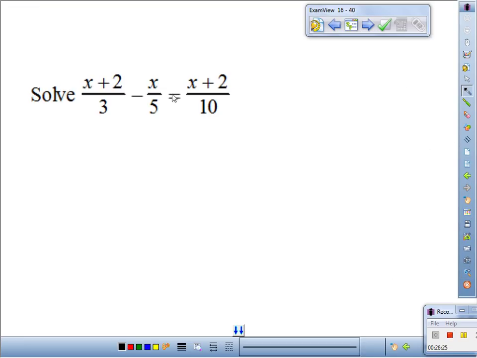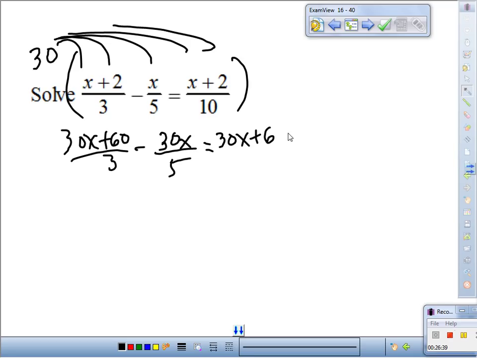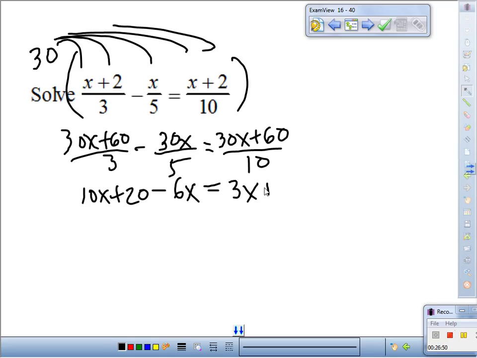Common denominator, everyone. 30. By now you should be able to do these because we've been doing these on the warm-up, right? That is 30x plus 60 over 3 minus 30x over 5 equals 30x plus 60 over 10. Simplify. This becomes 10x plus 20 minus 6x equals 3x plus 6.